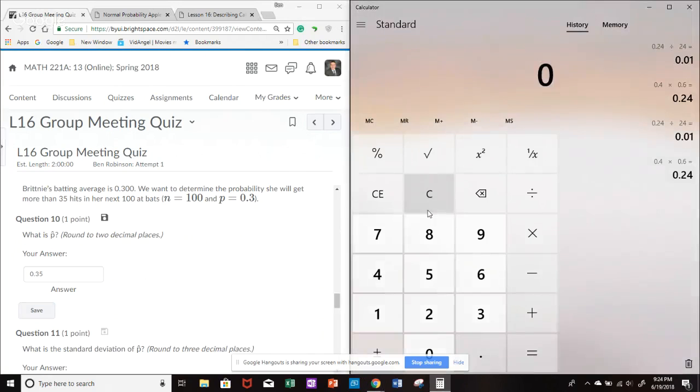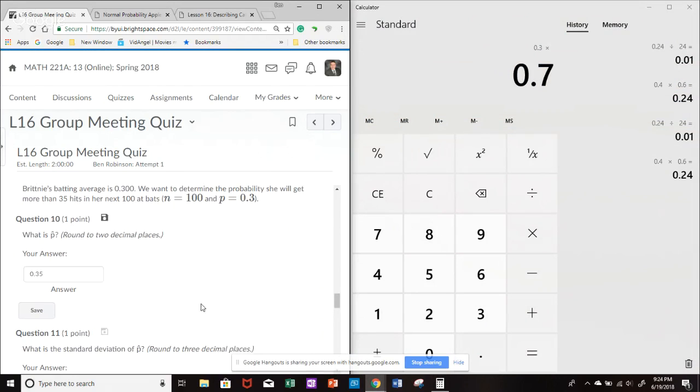I'm not sure. I got 0.004, but I don't know if I am doing it right in the calculator. It's not asking for the standard deviation, it's asking for the standard deviation of p hat.